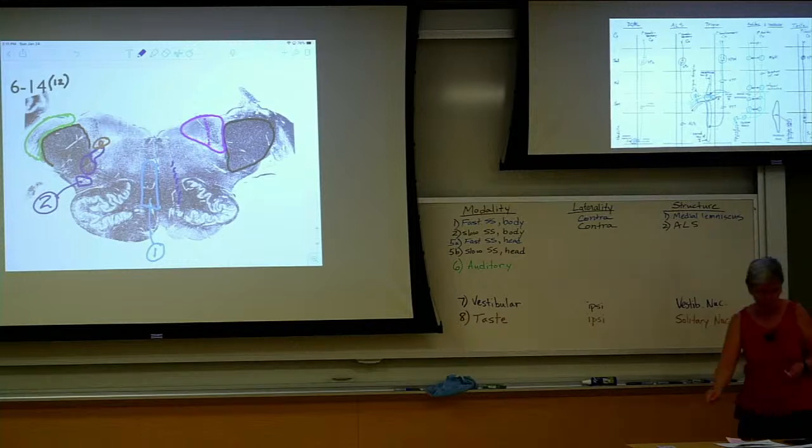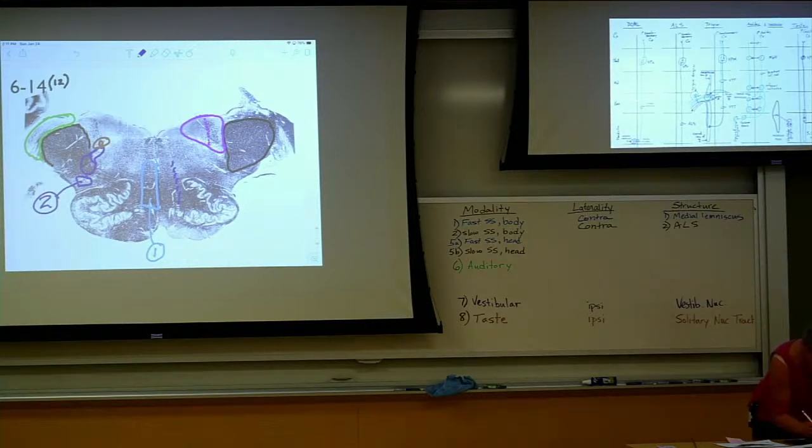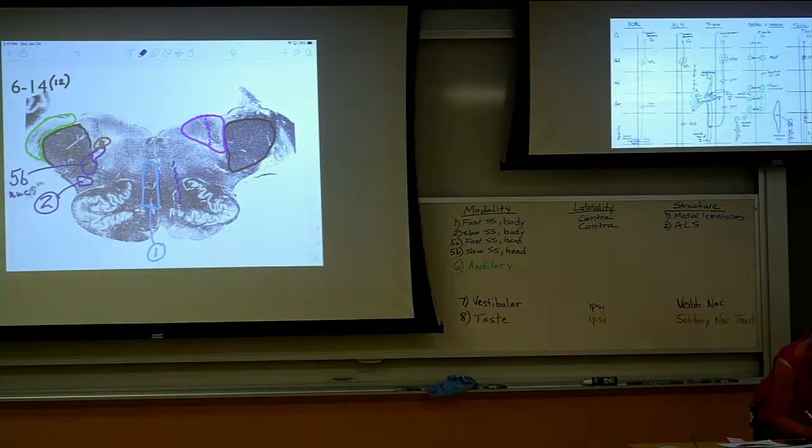Yes. So we need to find that information. That's going to be the descending nucleus and tract of the trigeminal. And those higher order neurons are going to send their axons across the midline to ascend in VTT.